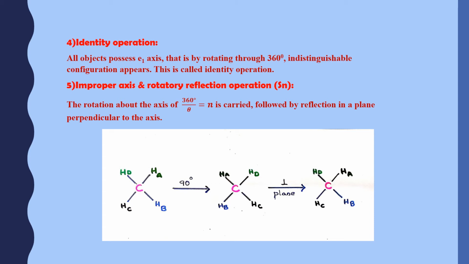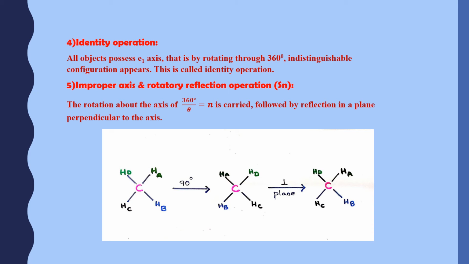Fourth symmetry operation, identity operation. This is denoted as E, and this identity operation is possessed by almost all objects. What is the meaning of this? Any object after rotating through a complete rotation of 360 degrees gives a configuration which is indistinguishable, and this is called the identity operation.